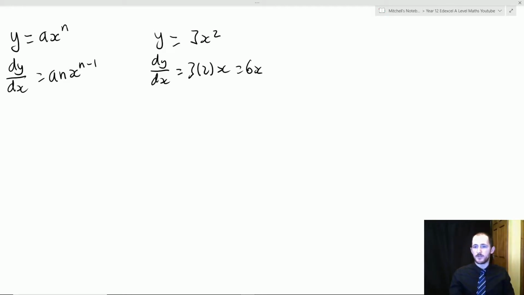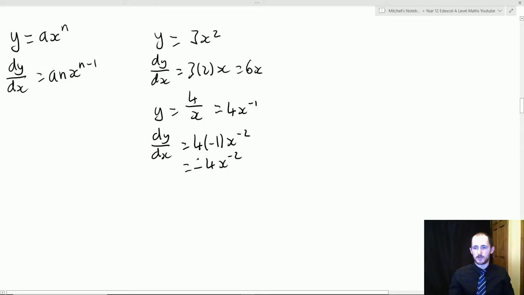Likewise, if you have y equals 4 over x, you would first need to change this using your rules of indices to 4x to the minus 1. And then when you differentiate, you do the same thing, bring the minus 1 forward, x to the minus 2. So, minus 4x to the minus 2, or minus 4 over x squared.